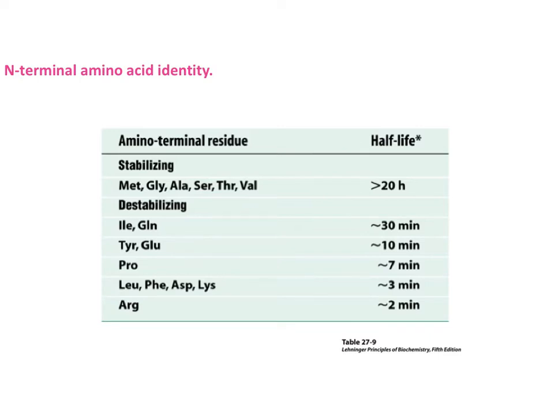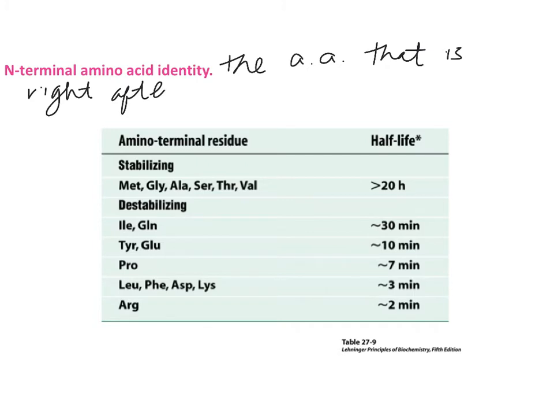So N-terminal sequence identity is the amino acid that is right after your N-terminal methionine. So this would technically be residue number 2 in the chain. If you remember back from your transcription and translation, it always starts with an N-terminal methionine.